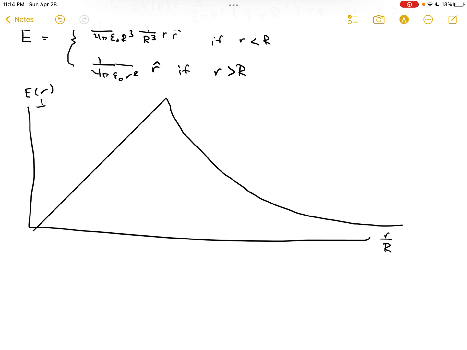Our maximum will be 1 over 4 pi epsilon naught times Q over big R squared, so that would be that point here. This will be little r, and this will be big R.